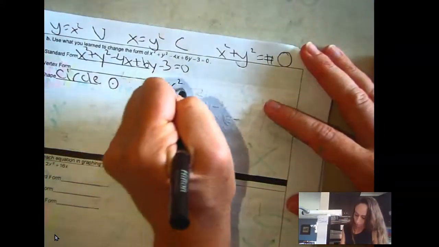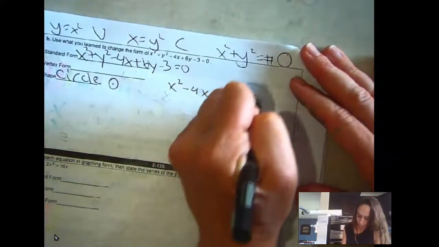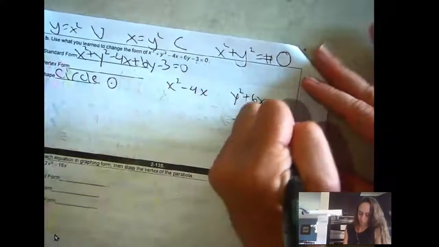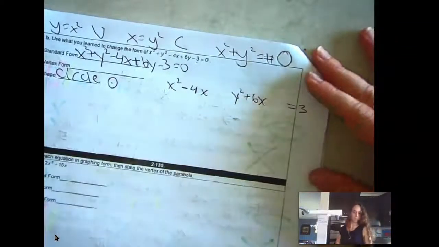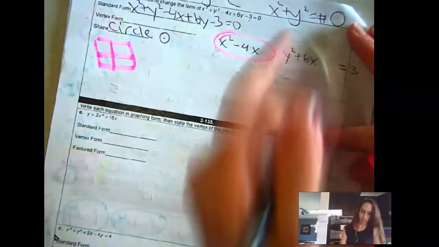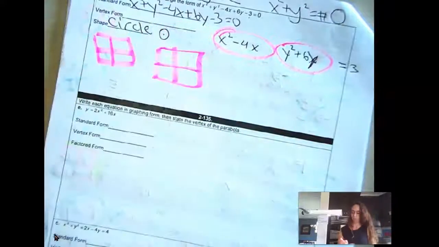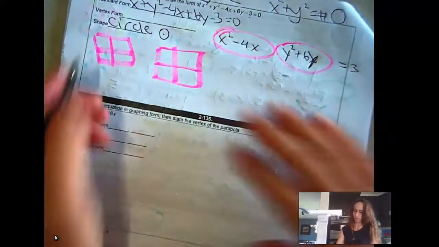All right. So I am going to rearrange everything. X squared, I'm going to put the x's with the x's, and I'm going to put the y's with the y's, and I'm going to move that cute little number over. And then I'm going to solve this one by completing the square, and I'm going to, oopsies, that's an x, that should be a y. And I'm going to solve this one by completing the square. And I feel like right now we should be pretty good at this.